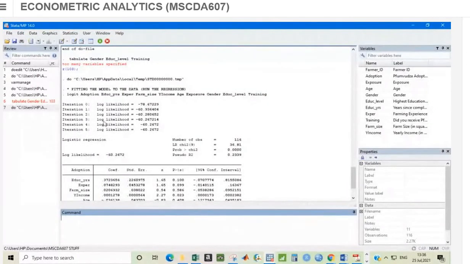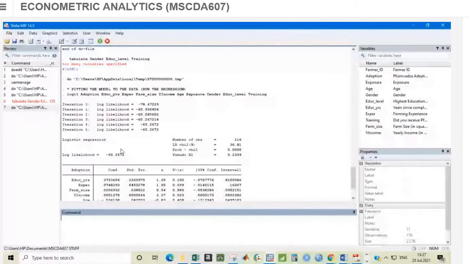Remember the logistic regression, as I've already mentioned, uses a different approach as opposed to linear regression models, which use ordinary least squares. The logistic model uses log likelihood, and the purpose is to maximize the log likelihood. So it will iterate until it reaches the maximum likelihood.